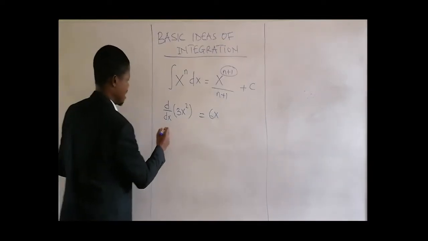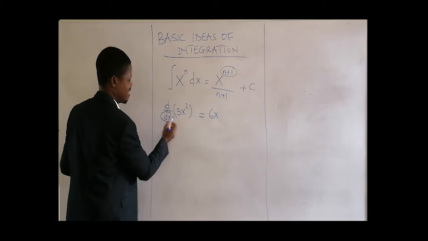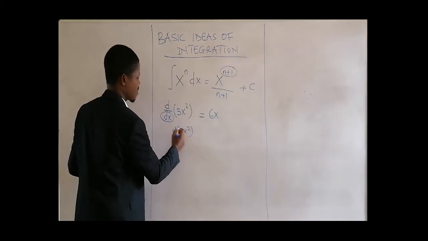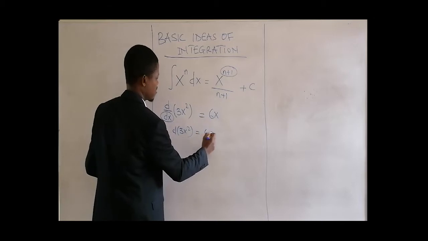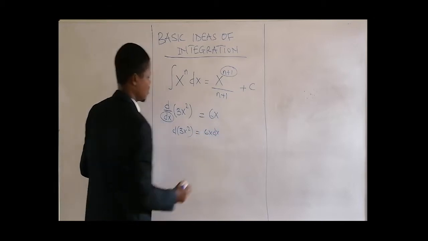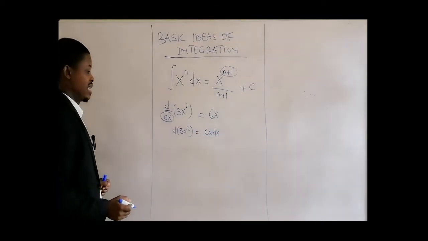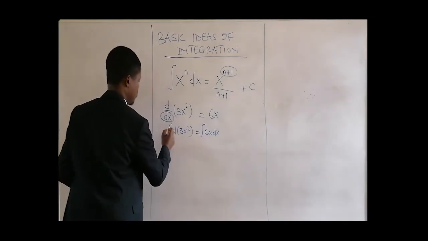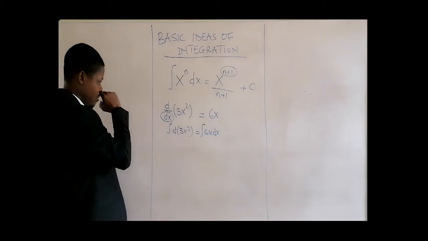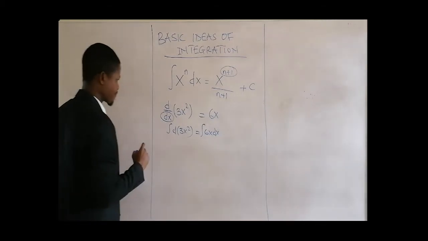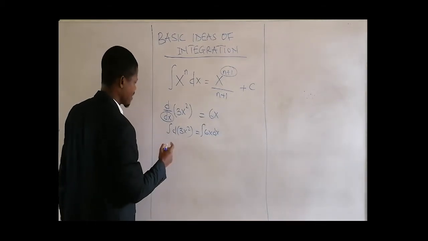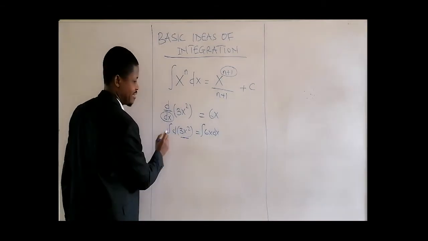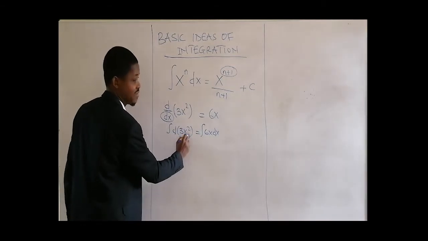So multiply both sides by dx. You have d of 3x squared equal to 6x dx. Can you now bring in the integration sign to both sides? When you have d of a function under integration, it's going to give you that specific function.